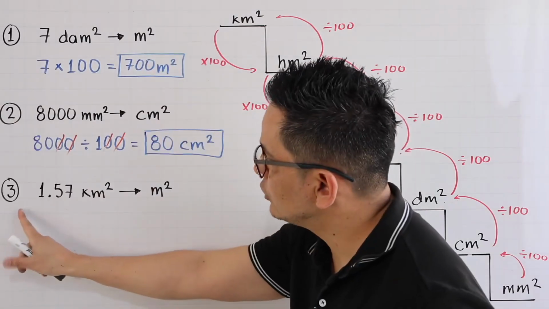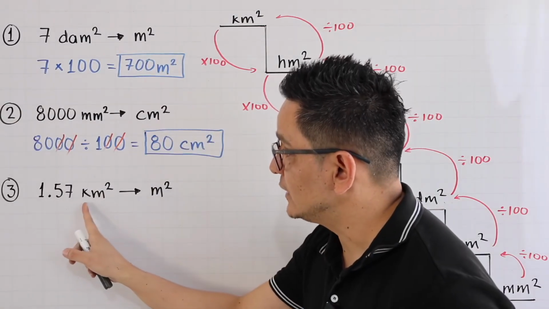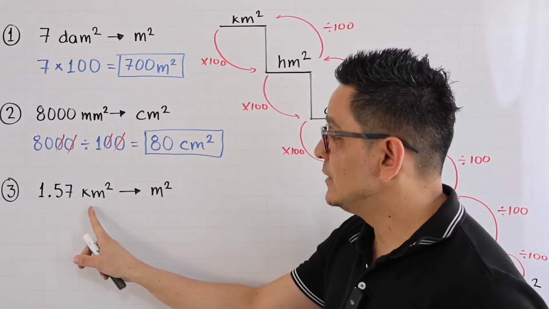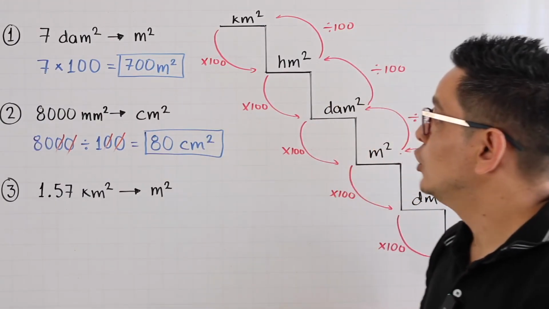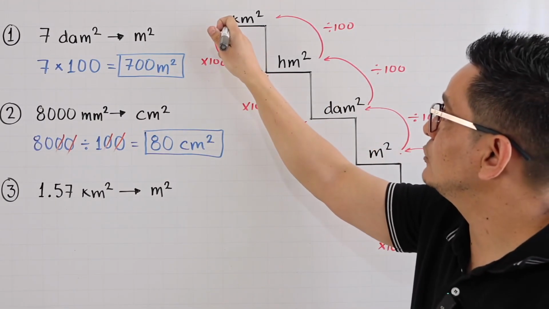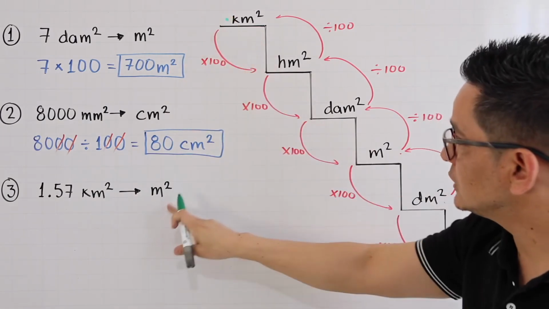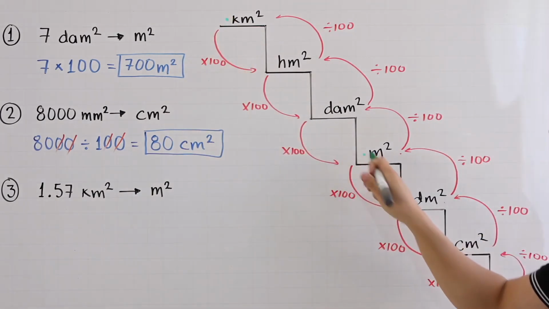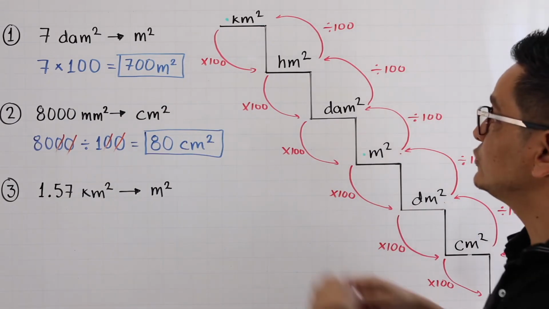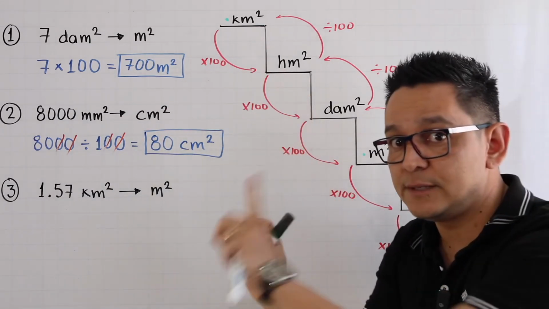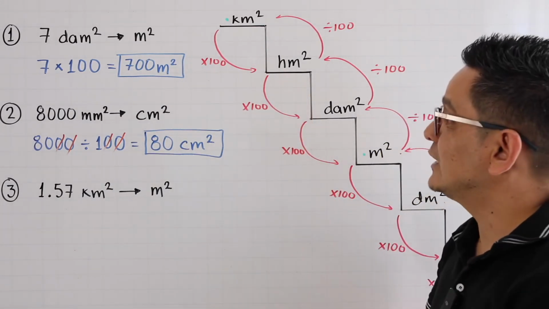In exercise number 3, we have 1.57 square kilometers that we need to convert to square meters. Again, we're going to put a mark on the square kilometers and another one on the square meters over here. Careful. In this case, they are not two consecutive steps, so pay close attention to what we have to do.